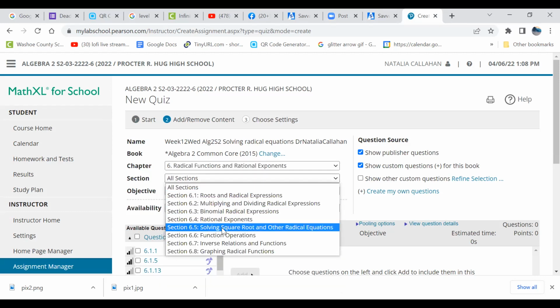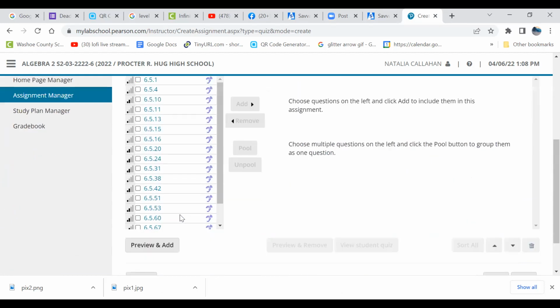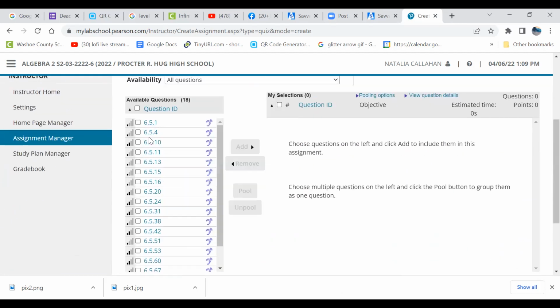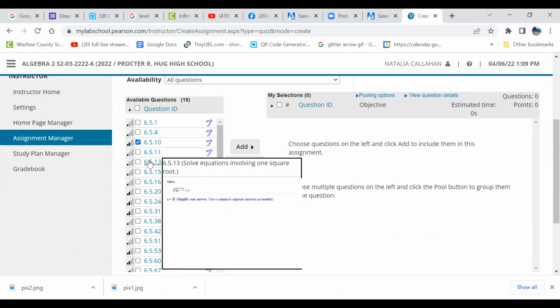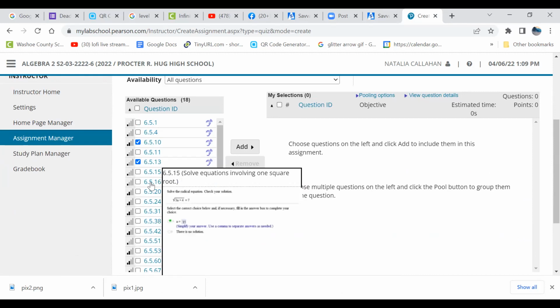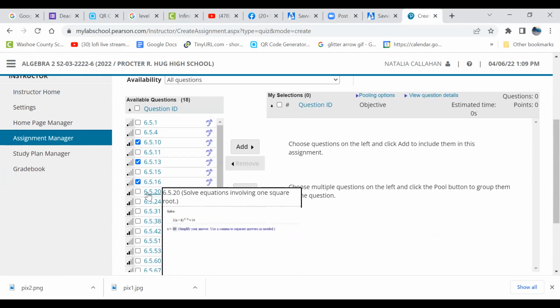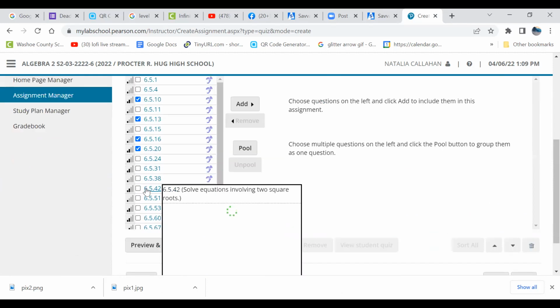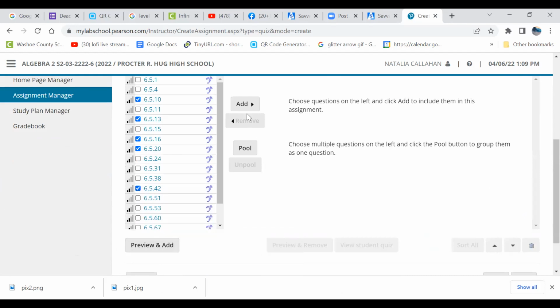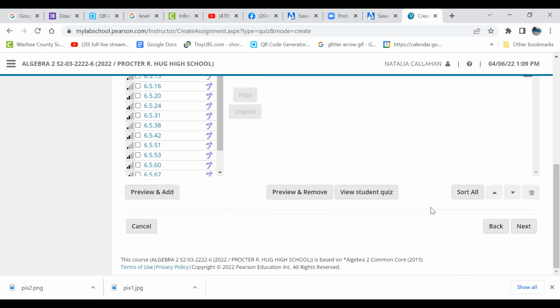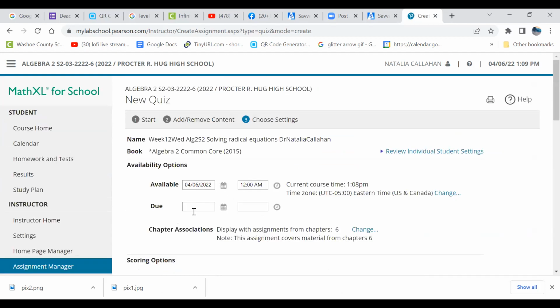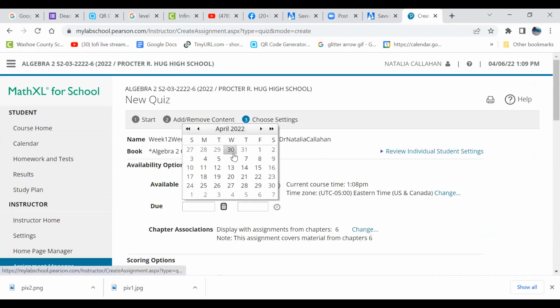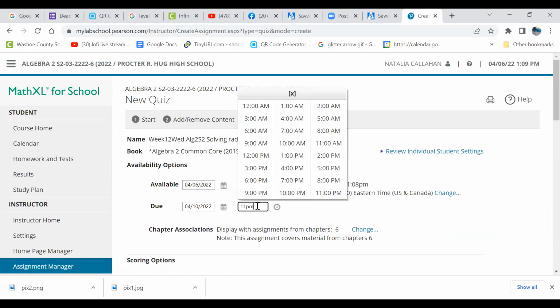The section I want to click on is solving radicals. And there are 5 questions. It shouldn't take you more than 10 minutes, you guys. This is going to be due on Sunday, so that's going to be on the 10th by 11 p.m.